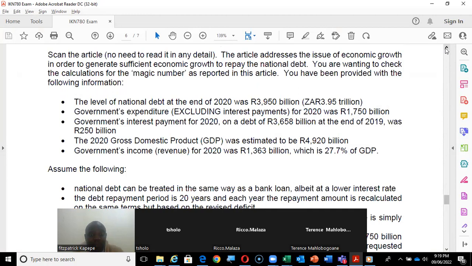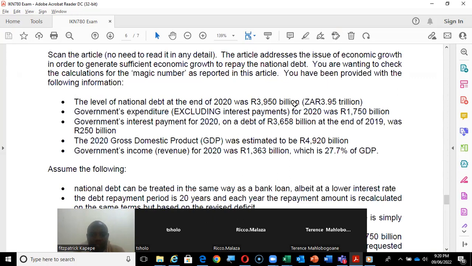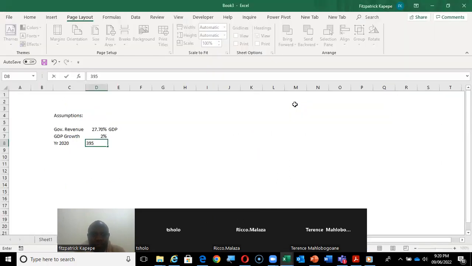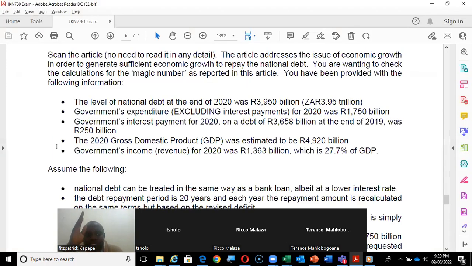So national debt of 3,950 billion rands. That's the base year. 2020 is the base year.